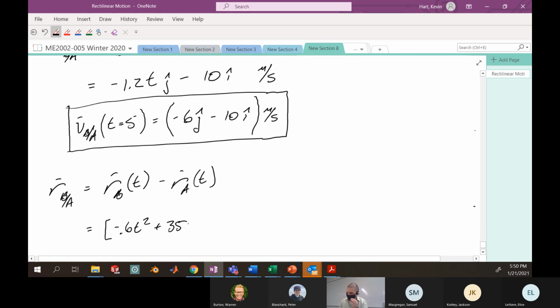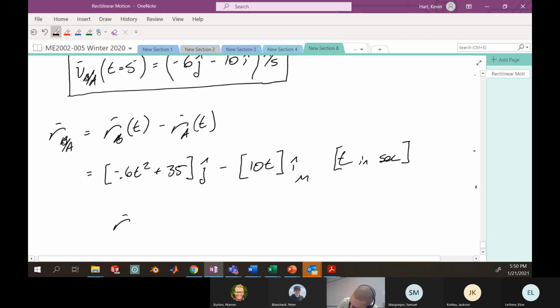Remember, we started 35 meters above that coordinate system. j hat, minus the position of A at any time, which is 10t i hat, where t is in seconds, and the units here are meters.